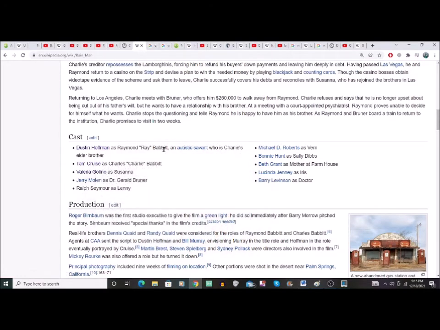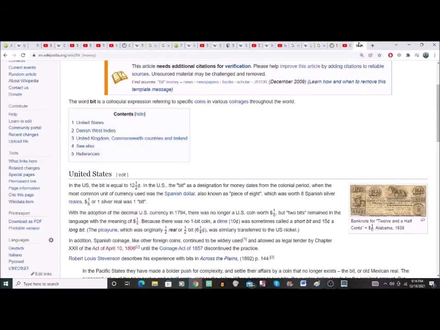Oh, let's do this quick. Babbitt. What the hell does Babbitt mean? But there is, again, another quarter reference here, I believe. Looks a bit like rabbit as well. And that idea of following the right rabbit. But the bit, 2 bits is a quarter, okay? Let's go to this. 12.5 cents would be a bit, okay?